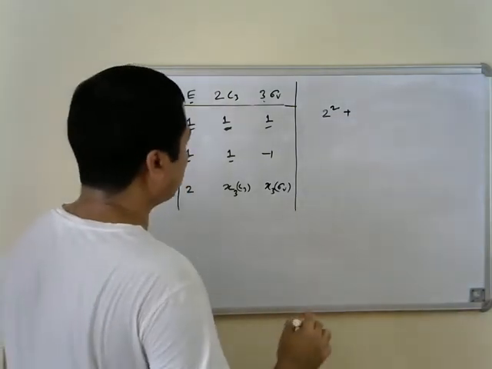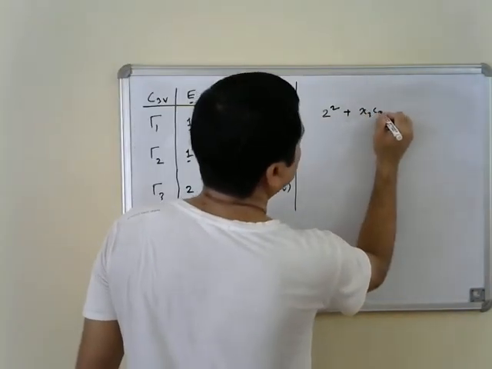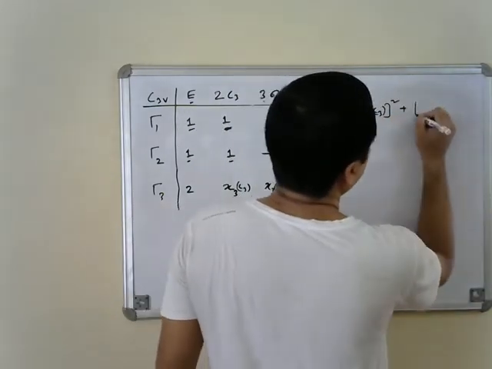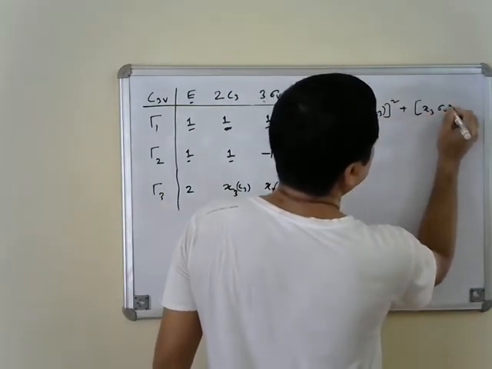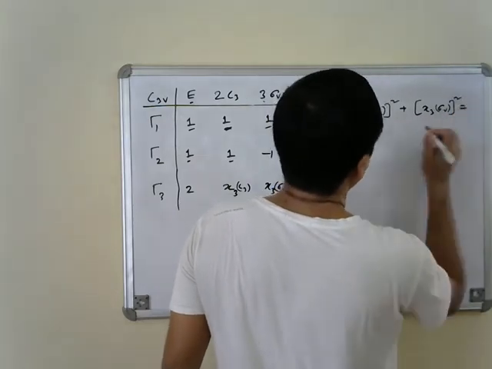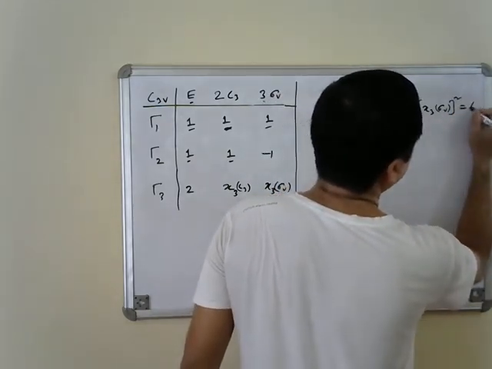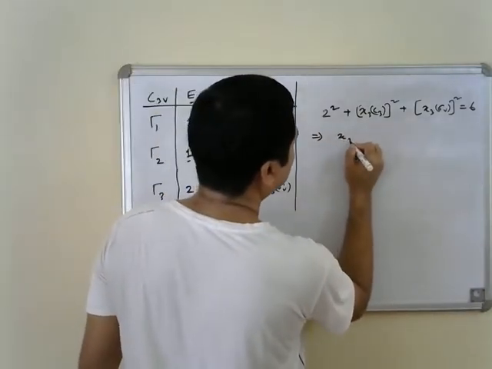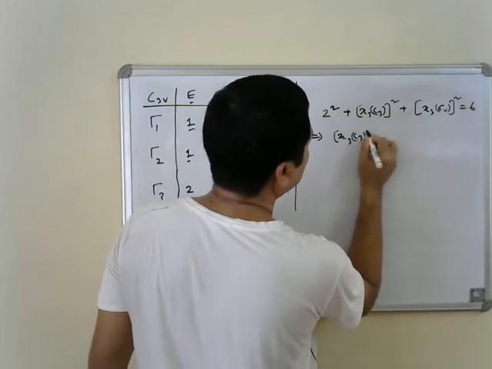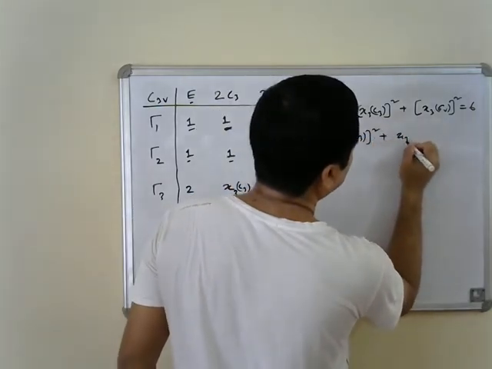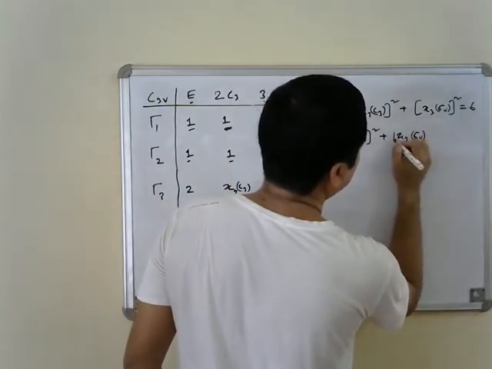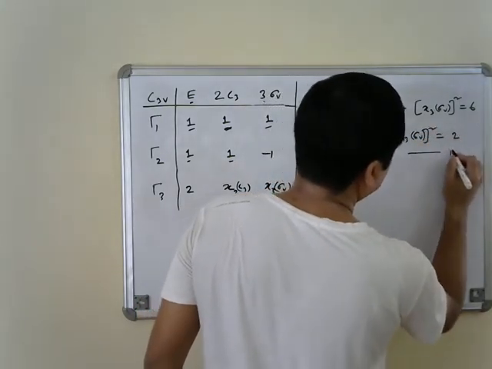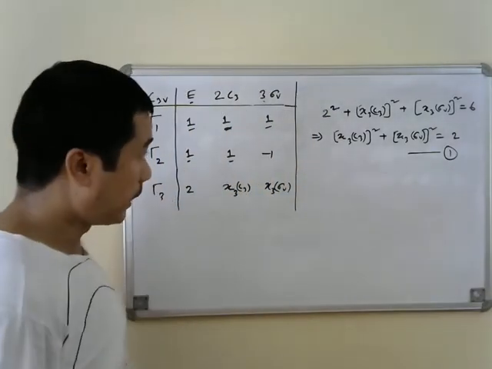So chi3 c3 squared plus chi3 sigma v squared must be equal to 6, that is the order of the group. Essentially, we can write chi3 c3 whole squared plus chi3 sigma v squared is equal to 2. Let's call this expression number 1.